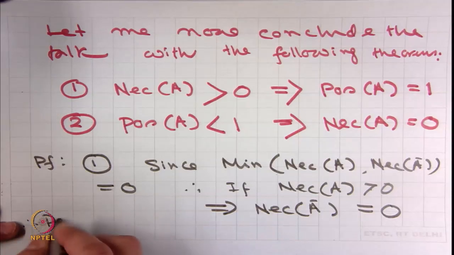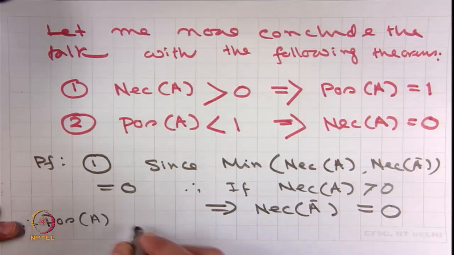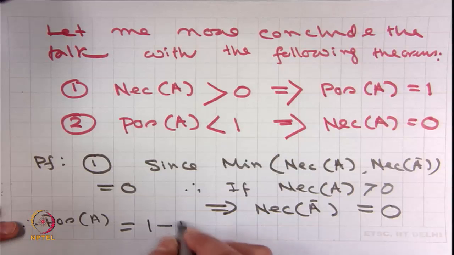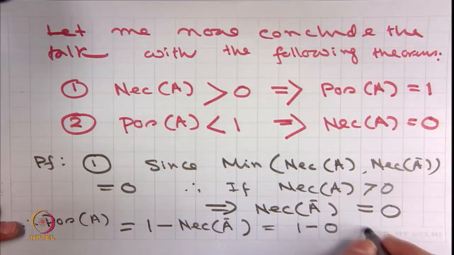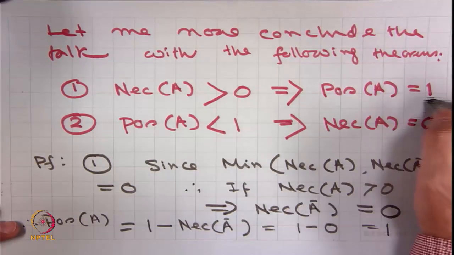Therefore, possibility of A is equal to 1 minus necessity of A complement is equal to 1 minus 0 is equal to 1.